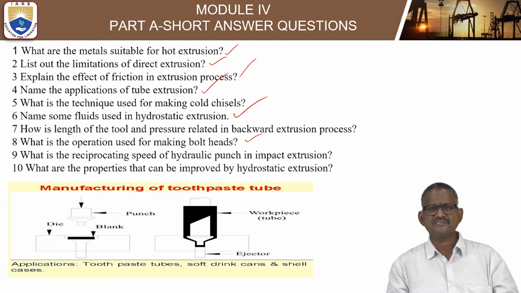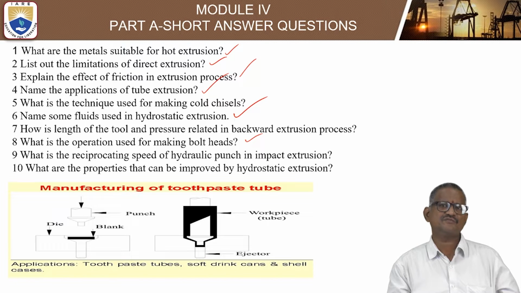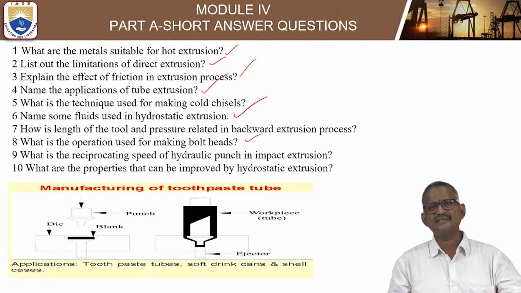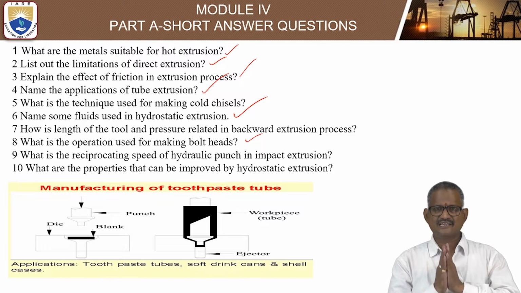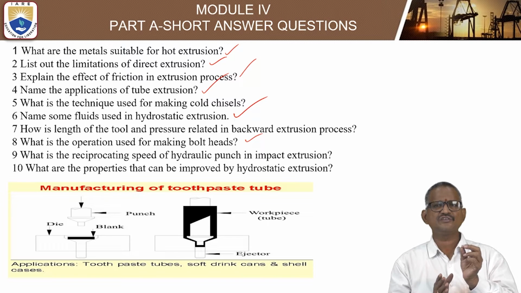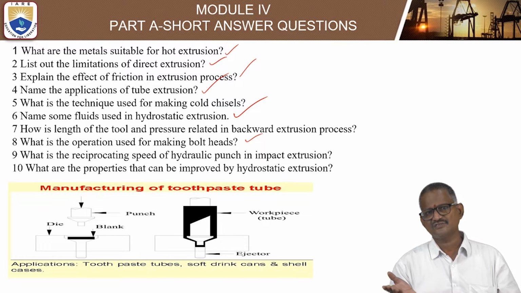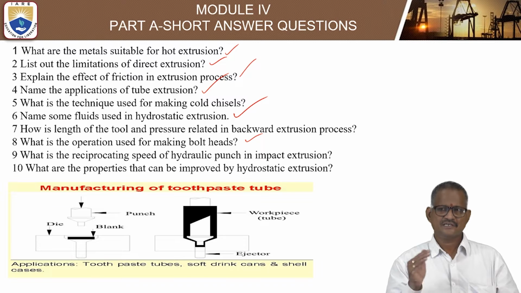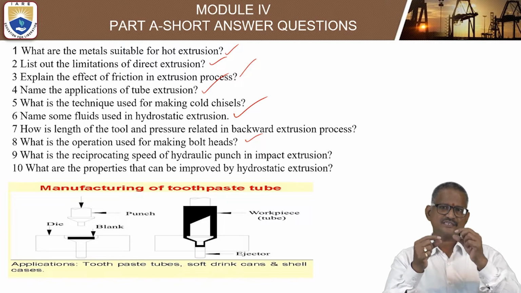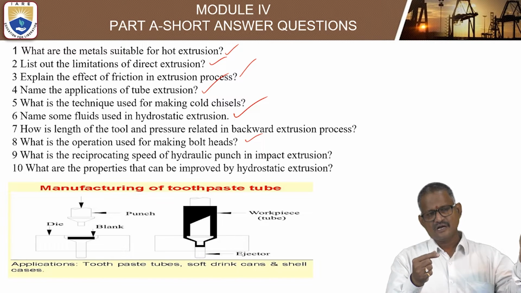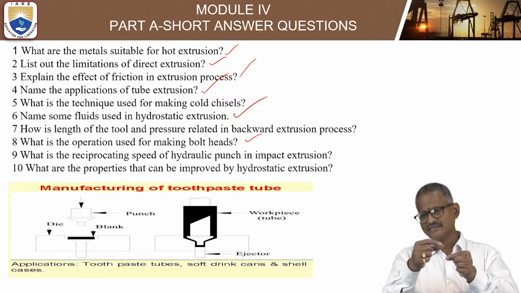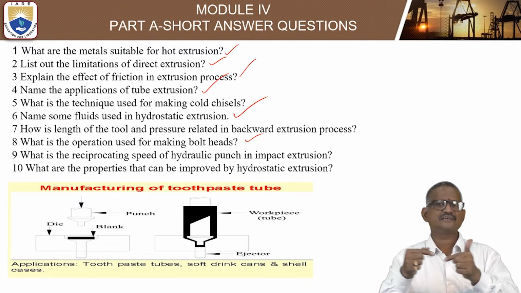Coming to some of the limitations of direct extrusion. First of all, direct extrusion we can also call forward extrusion, and indirect means backward extrusion. In direct extrusion, the raw material enters and the product comes out in the same direction.